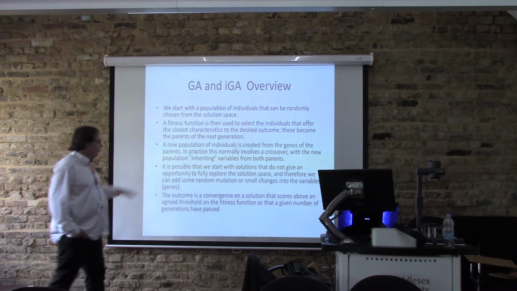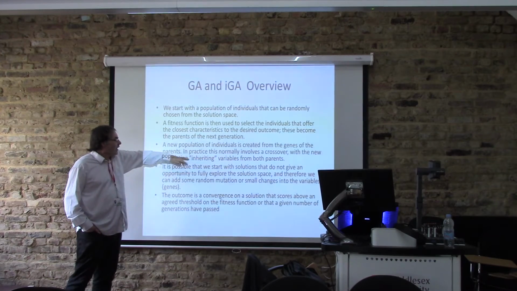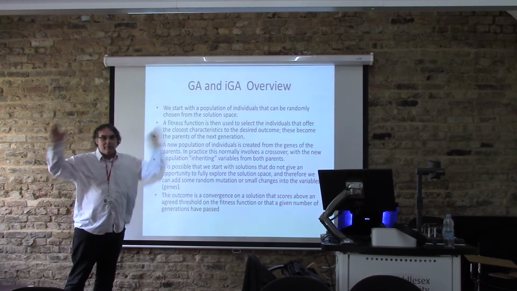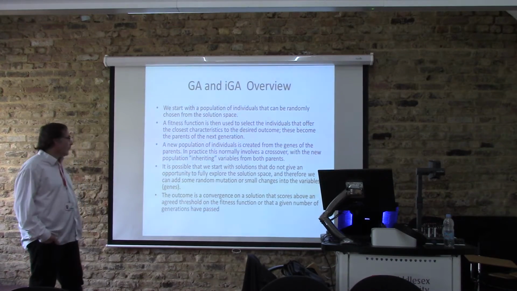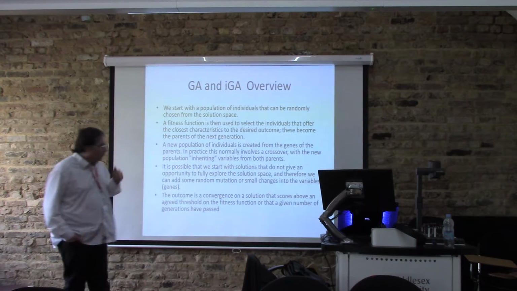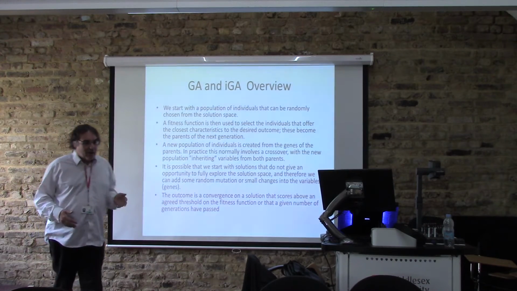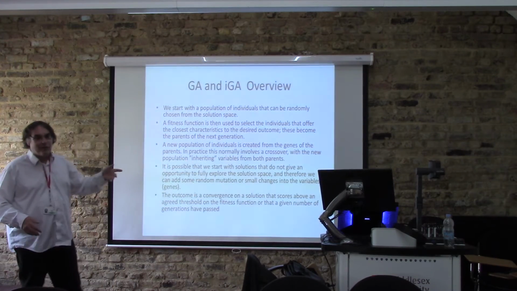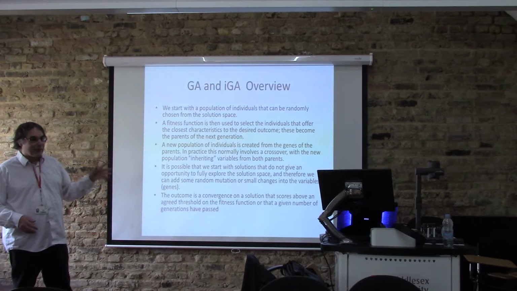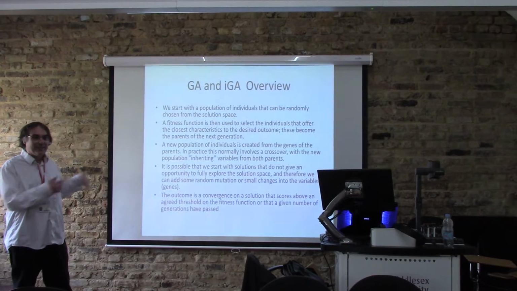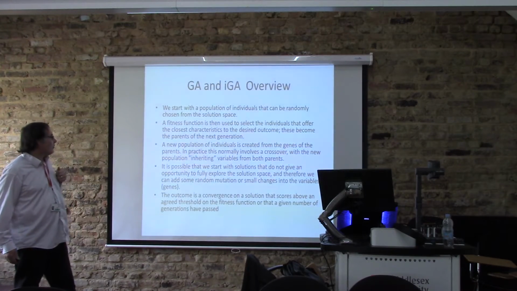Your new population inherits variables from the previous parents. As you will hopefully hear later on, when you do a demo, everything works perfectly, which is not intended. The idea is to see some of the problems that occur.